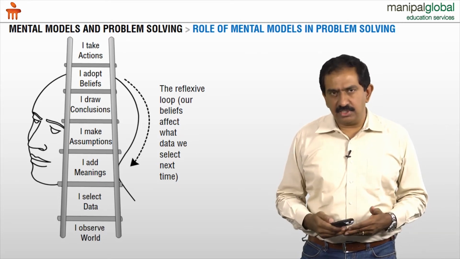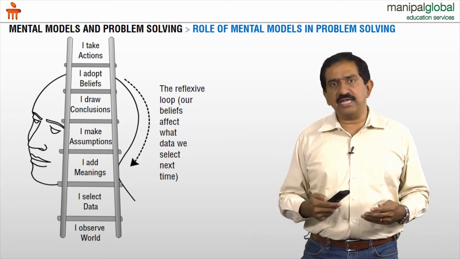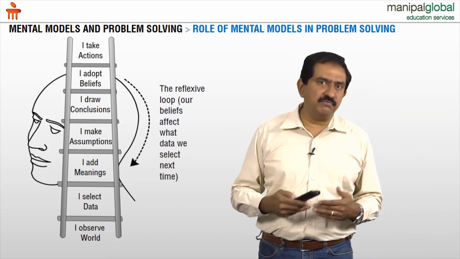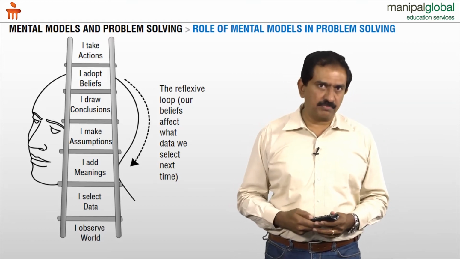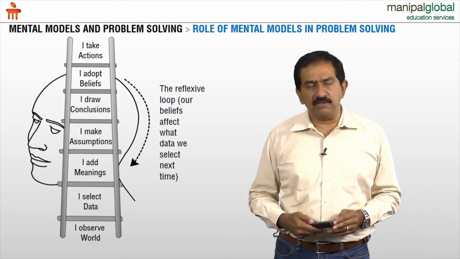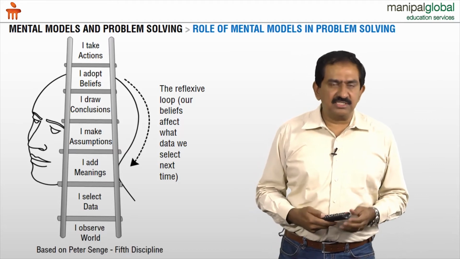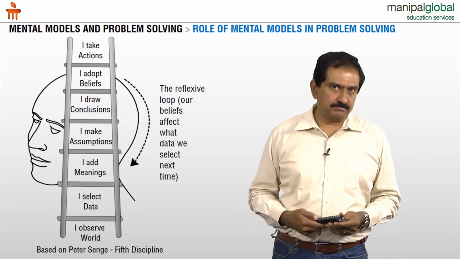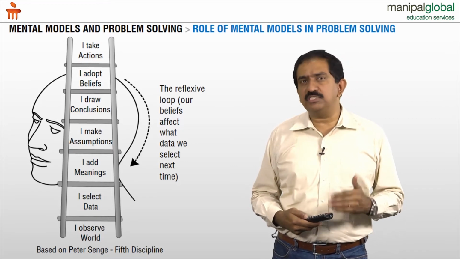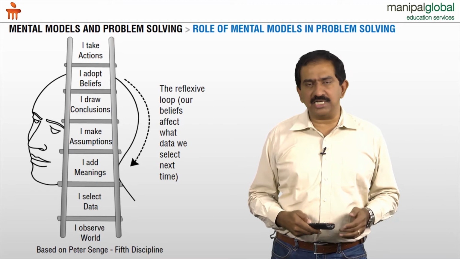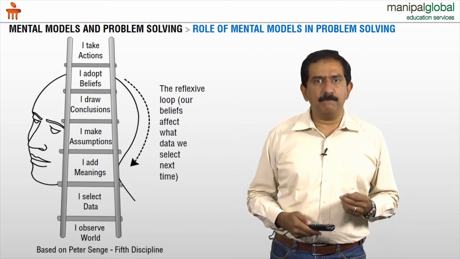This is the reason why each one of us carries a different view, a different perspective, a different model of the world around us. This was first enunciated by Peter Senge in his classic, The Fifth Discipline. And he explains in great detail how each of these steps contributes towards us creating unique mental models.